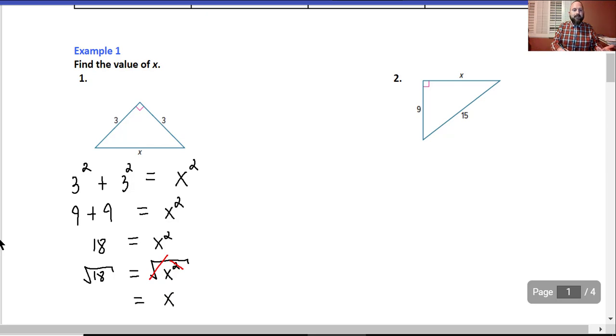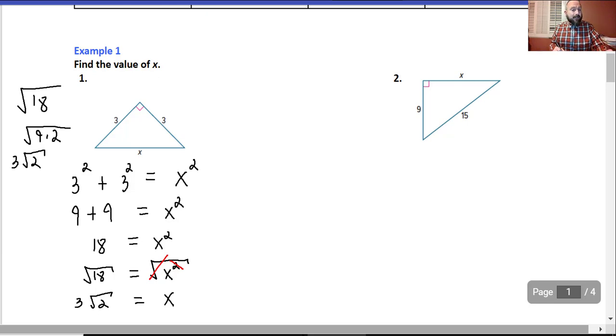But on the right side, I can break this up over here. I know the square root of 18 is the square root of 9 times 2. So the square root of 9 is 3. So this would be 3 radical 2. I'm going to put this in right now. So the answer to x is 3 radical 2.